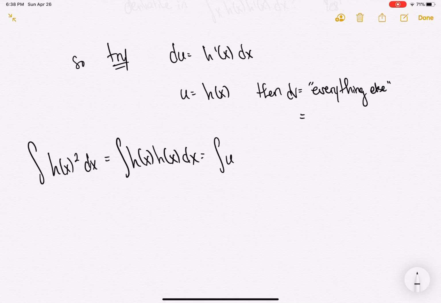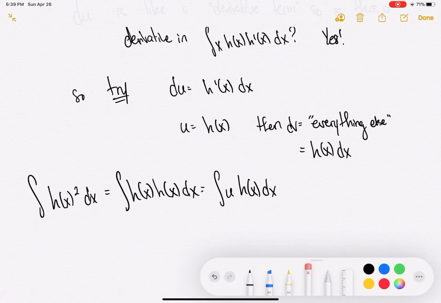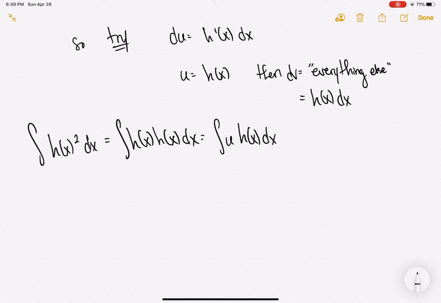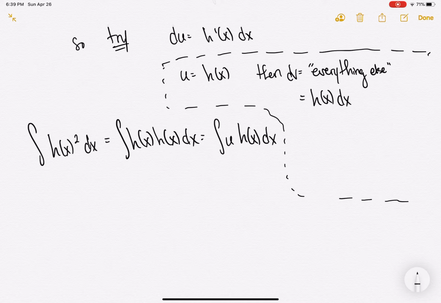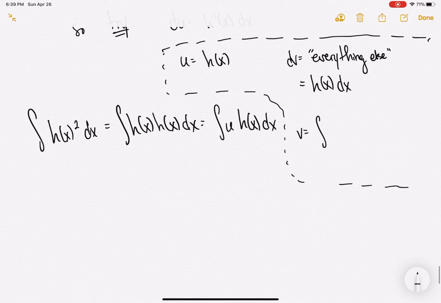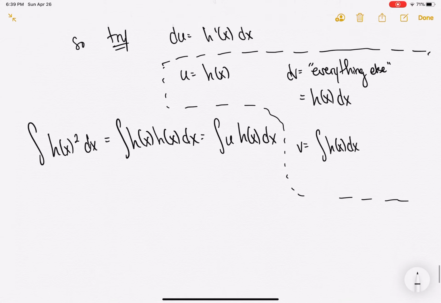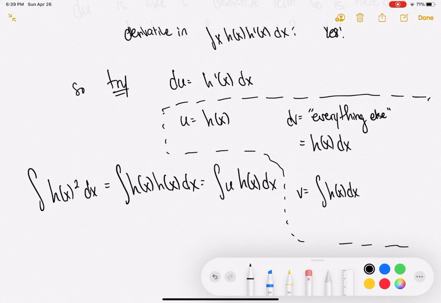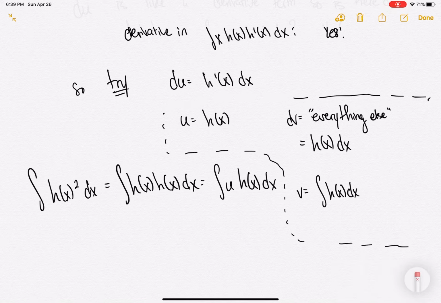So then this would be integral u h of x dx. So then dv would have to be h of x dx. And if dv equals h of x dx, then we're going to find out that we get into trouble. So dv equals h of x dx, which would give us v equals the integral h of x dx. I include this piece here.